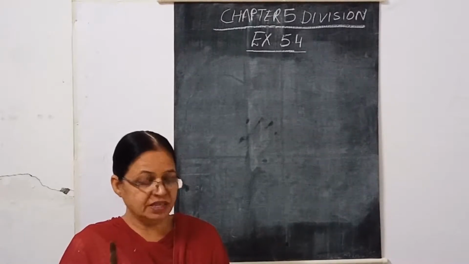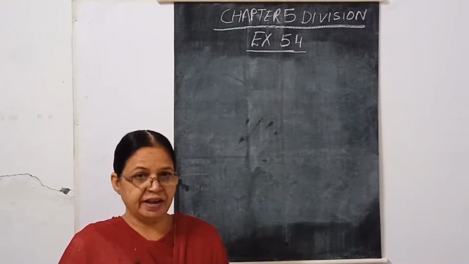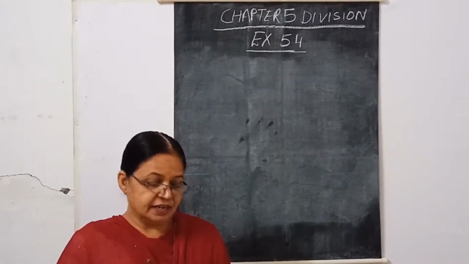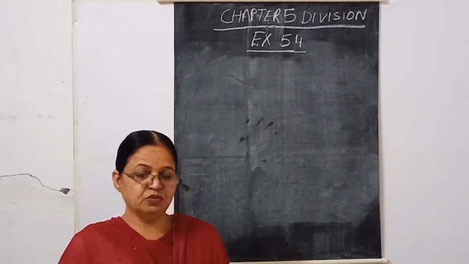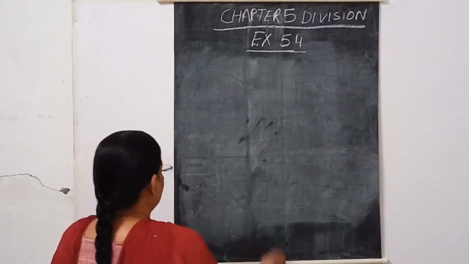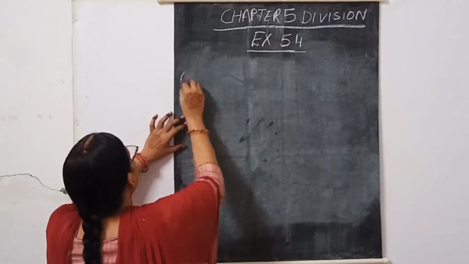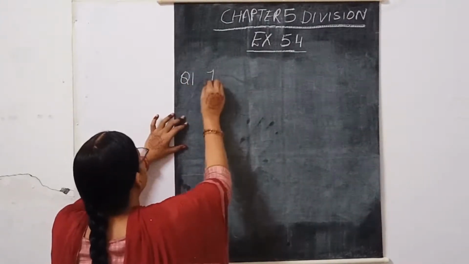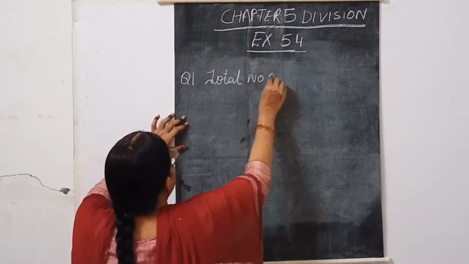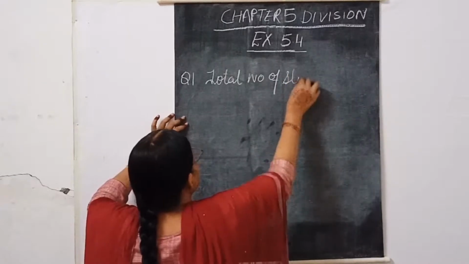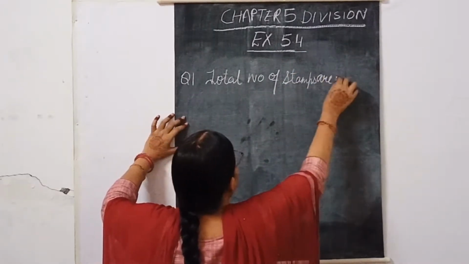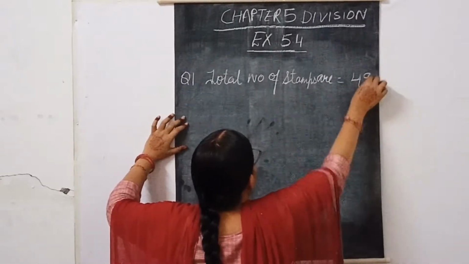One boy gets how many stems? We will find this out by dividing 49 by 7. So first of all, total number of stems are how many? That is 49.